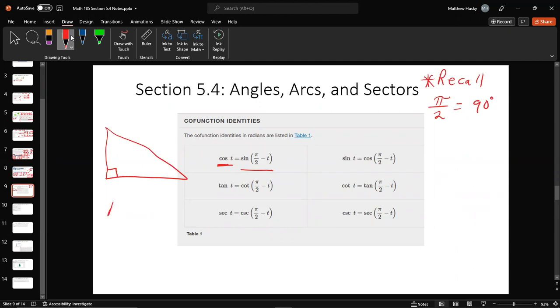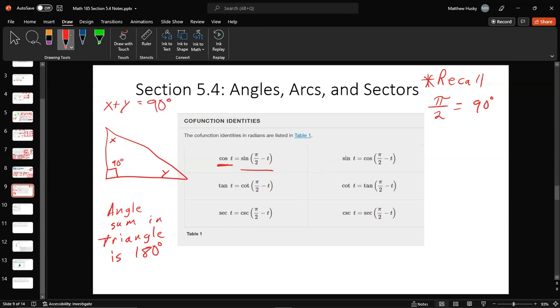And you also hopefully recall that the angle sum in any triangle, not just right triangles, is 180. Now, if the right angle is fixed at 90 degrees, and one angle is X and the other is Y, that tells you that X plus Y need to together make up the other 90 degrees.